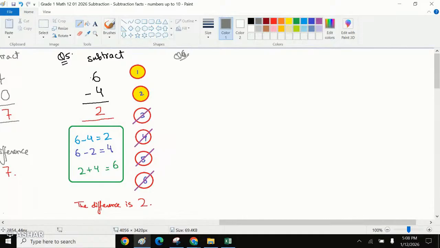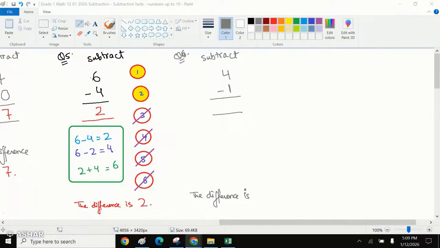Question number 6 says subtract. If you have a 4 and you subtract a 1 from it, how much are you left with? We need to find the difference of these two numbers. What is the difference? 4 minus 1. See, simply open up 4 fingers, right?